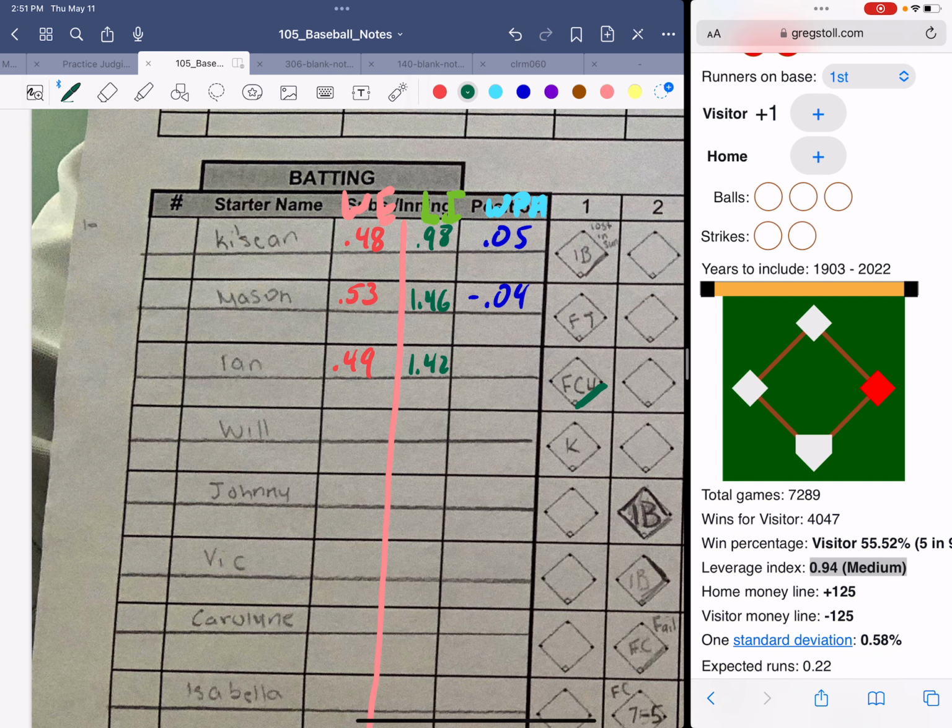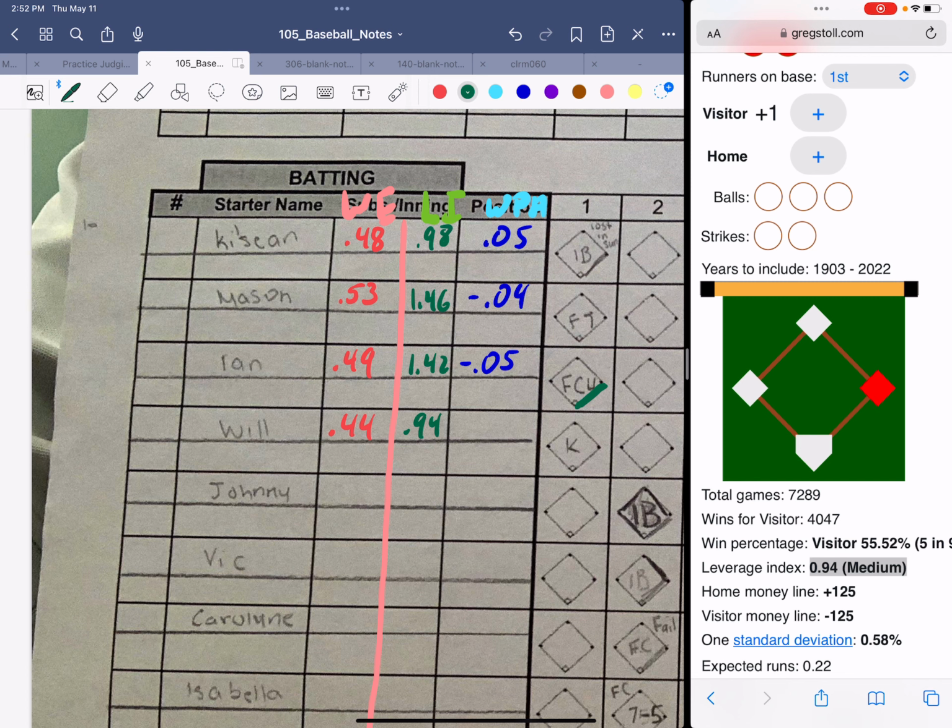Now the visitors have a 56% chance of winning, so I guess the home team has a 44% chance of winning. So the win probability added there is negative 0.05. Again, we can see right away that the leverage index is 0.94. Leverage lowered a little bit because it's less likely that we're going to score now.